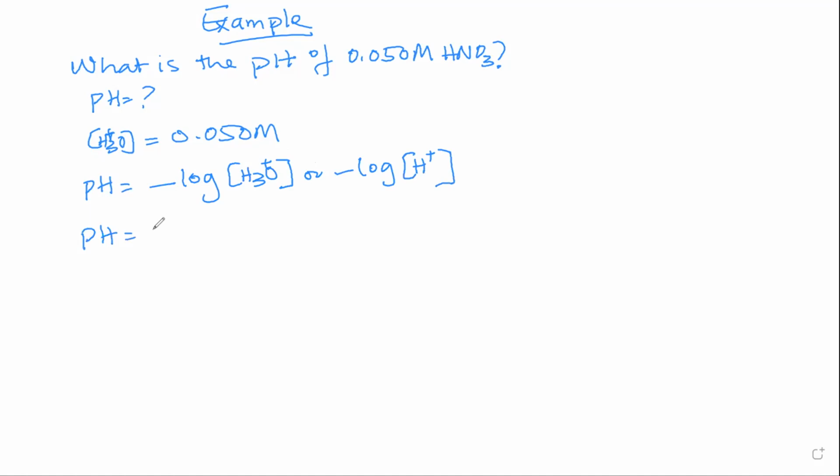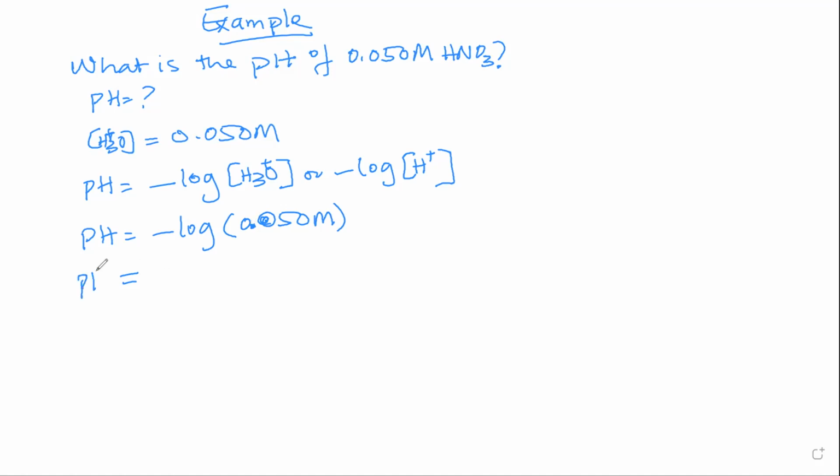So you have to have a scientific calculator. So this is 0.050 molar. That's it. You plug this in using your scientific calculator. Each calculator is different, so you just have to understand your manual.